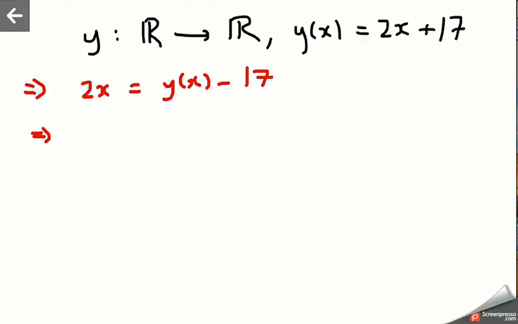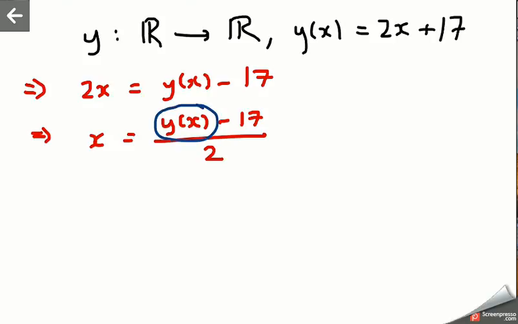And therefore, by dividing both sides by 2, we get that x is equal to y of x minus 17, divided by 2. So if we want to send y of x back to the value x that it came from, what we need to do is first subtract 17 and then divide by 2. That's what we worked out just there.